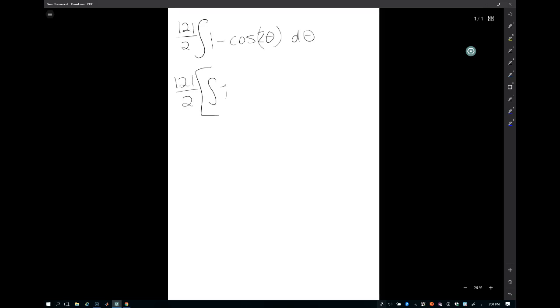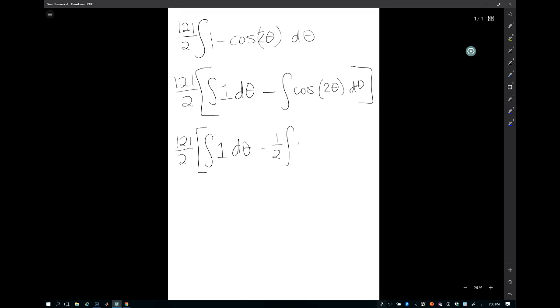We need the integral of 1 with respect to theta, and then the integral of cosine 2 theta with respect to theta. And only the second part requires that u substitution. So if we use that u substitution we had on the last page, we could replace the 2 theta with a u as long as we brought an extra 1/2 coefficient into the problem.